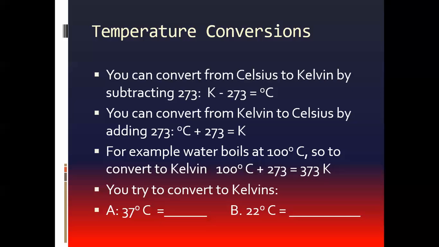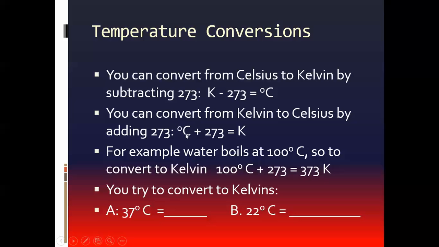So guess what? You have to know how to convert between Celsius and kelvins. It's not that hard because you just add or subtract 273. This is all stated kind of backwards here. If I have kelvins and I take away 273 degrees, I'm going to get my temperature in Celsius.